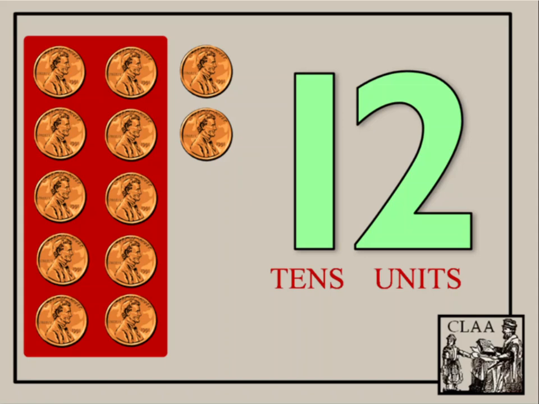We see that there are 2 pennies left over, so we write a 2 for the number of units. So to write the number 12, we write 1 ten and 2 units, and that's the number 12.